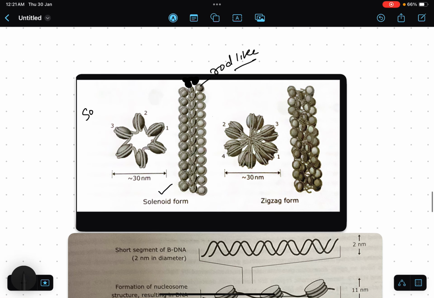That is known as the solenoid model of DNA packing. Further study shows that the pattern of assembling of the 30 nanometer fiber is also zigzag, producing 4 rows. Then it is known as zigzag form and solenoid. So both forms are found. In some species this form is found, and in some species this zigzag pattern is found.